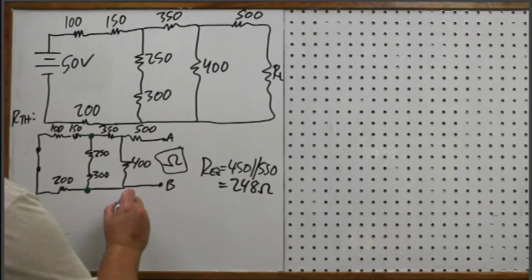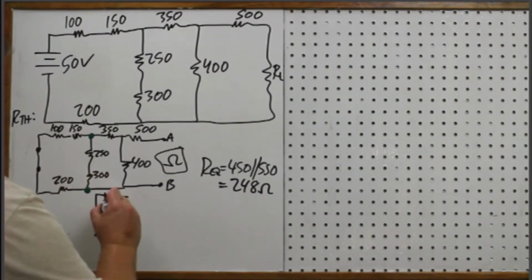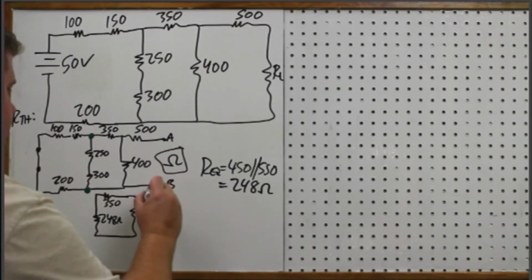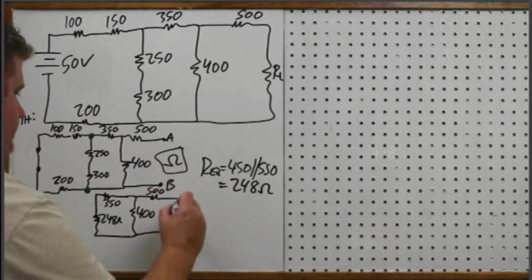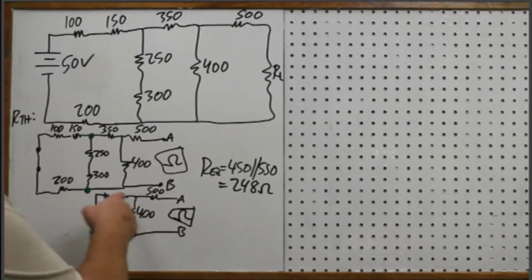Okay, now we're not done like the other one. Now we have to rewrite this and put that resistor in between the green terminals. So this is 350, this is 248, this is 400, and 500. So we got to do one more parallel combination here, and that is between this branch.